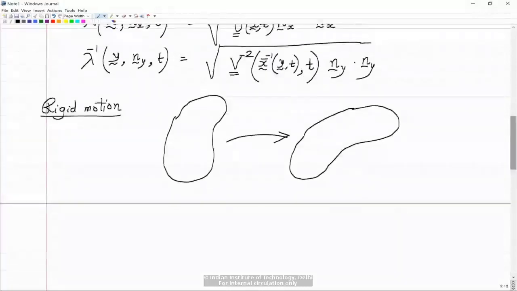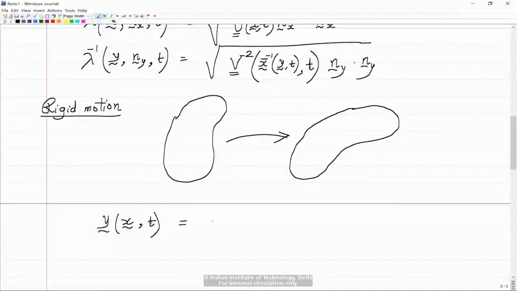So how do we write down such a map? I think you should all agree with what I'm writing here. So y as a function of time, and of course this y is now for a given particle x in the reference configuration, comma, time t, because we are talking about motion, right?